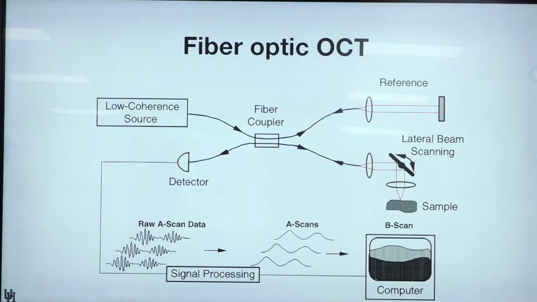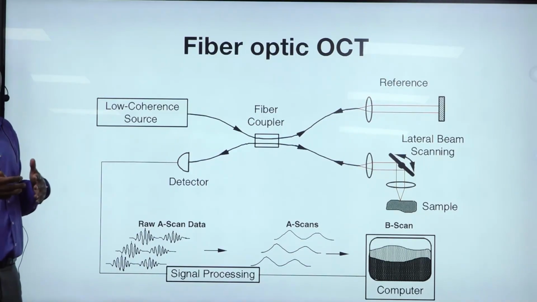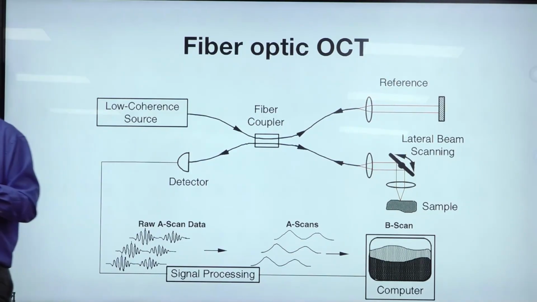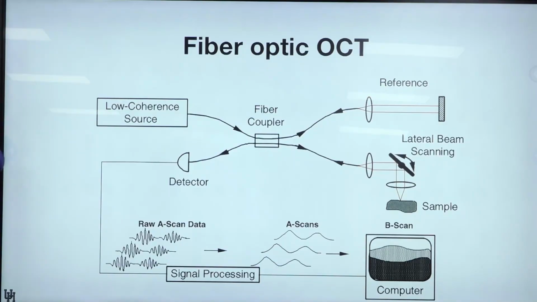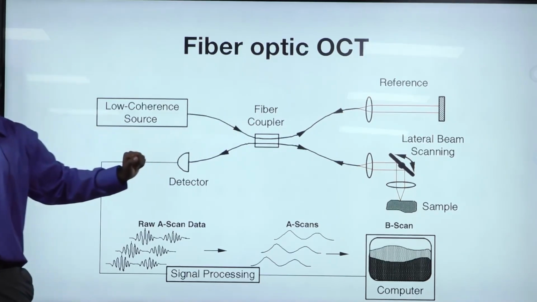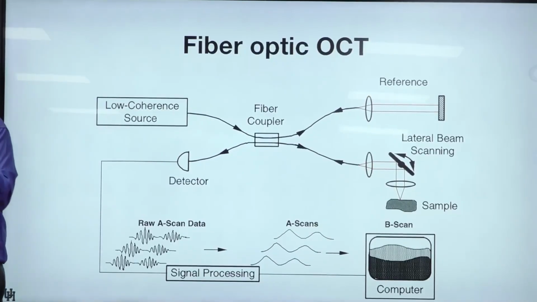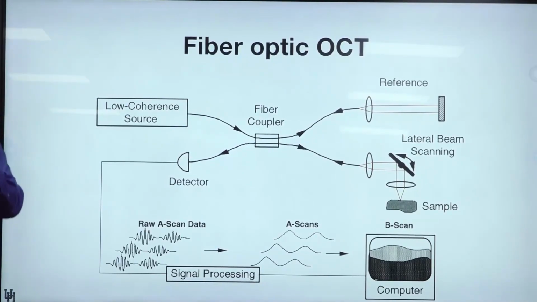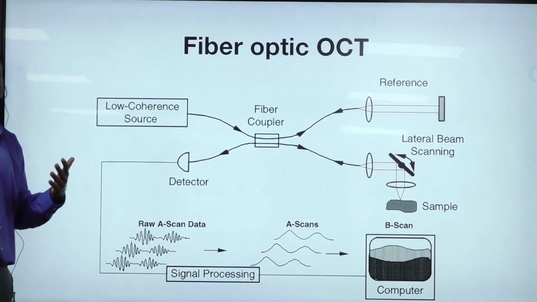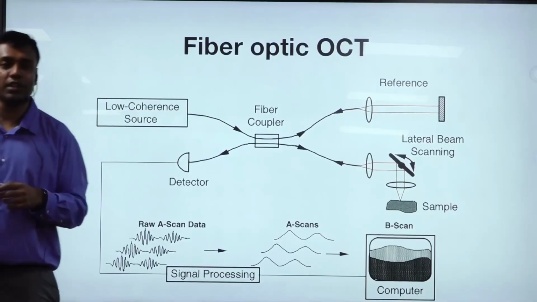But people in the biomedical community realized that because they are flexible, and there are many different devices, you can have what's called a coupler instead of a beam splitter. You can have an optical fiber device which splits the light and then combines the light. So you can buy stuff which was originally meant for other purposes, the communication system.